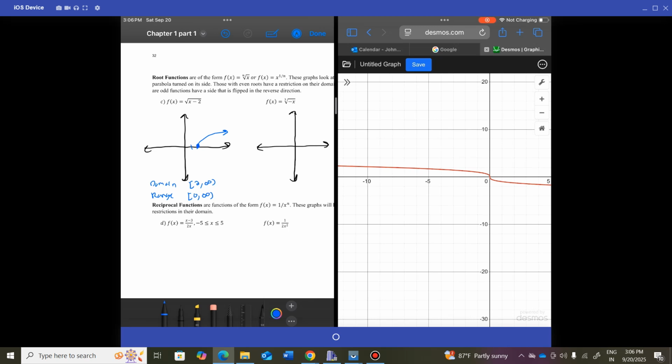Okay, so it comes down. Its domain is all real numbers, and its range is also all real numbers. It doesn't go that high quickly, but it does go as high as it needs to.